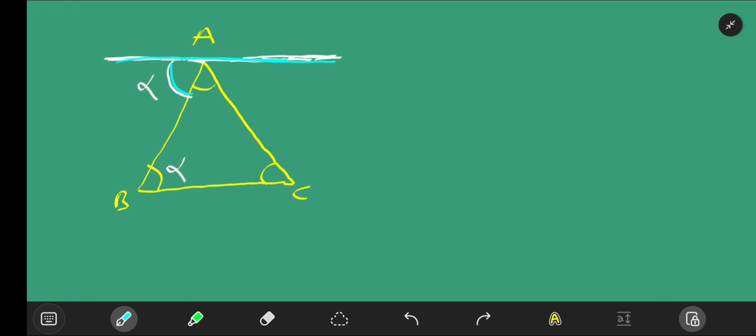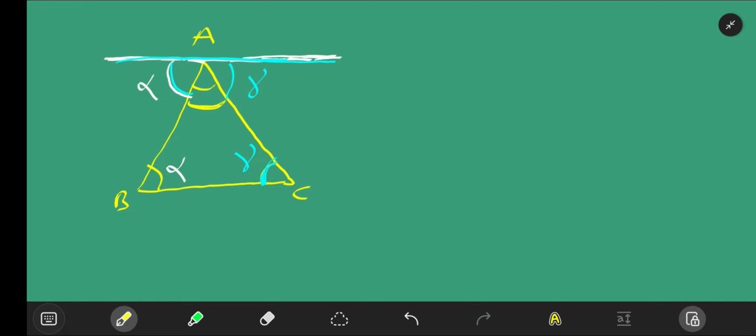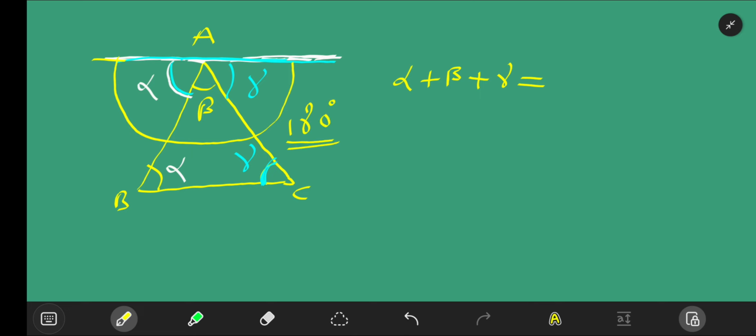So suppose this angle I am considering as gamma, and this angle also gamma. This angle C also gamma. Now this angle I am taking as beta. Now alpha plus beta plus gamma is equal to, here if you see, this straight angle, which is equal to 180 degrees.